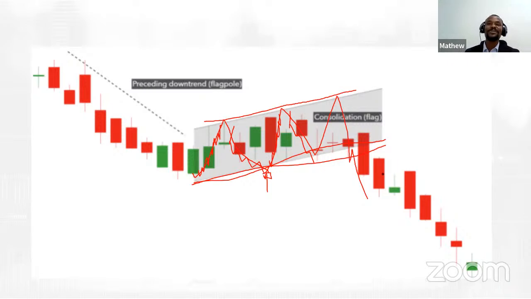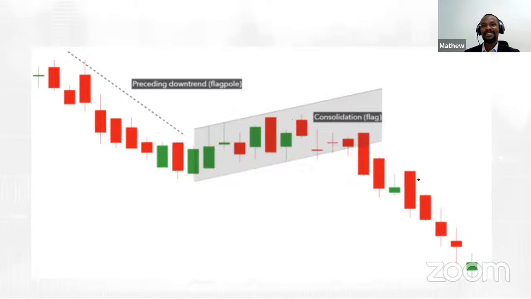Because imagine if this one was a 4-hour time frame and you just find it right at the beginning. You can see all these bearish candles, and that could have been a strong downward move that a trader could bag something from.